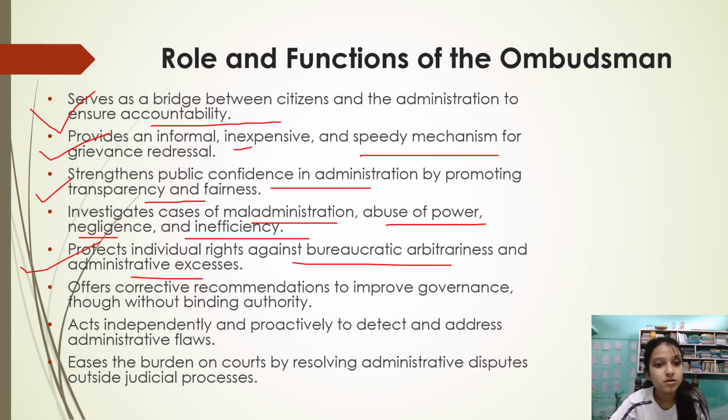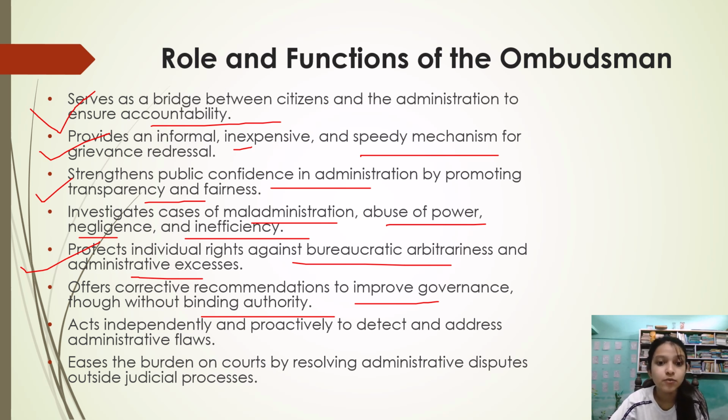The office offers corrective recommendations to improve governance, though without binding authority. So ombudsman is there to correct the maladministration or bad behavior happening inside the administrative working, but the administrative agencies are not bound to follow the suggestions given by the ombudsman.